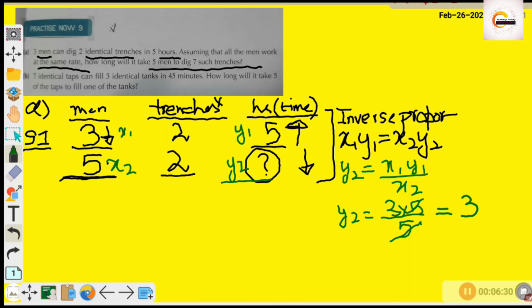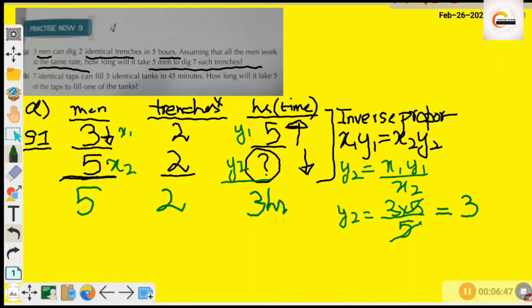So we can say that 5 men can dig 2 trenches in less time, that is 3 hours.